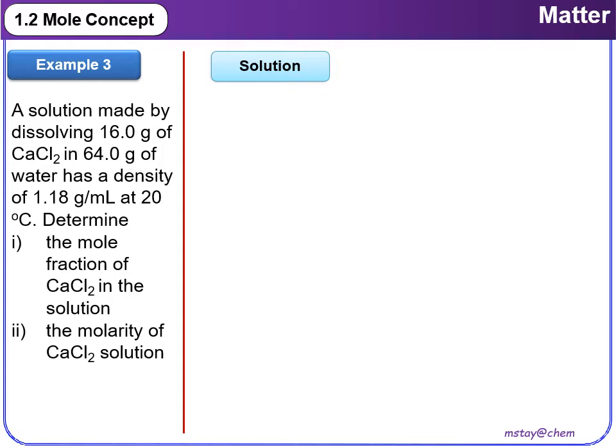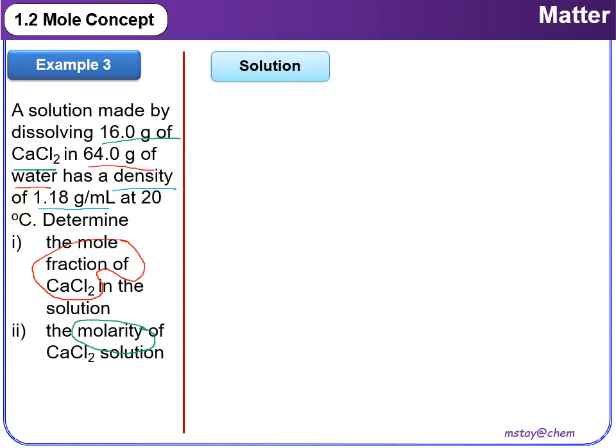A solution is made up from 16 gram of calcium chloride and also 64 gram of water. Then they give us the density of the solution is 1.18 gram per mole. This question asks us to determine the mole fraction of calcium chloride in the solution, and next they ask us to calculate the molarity.